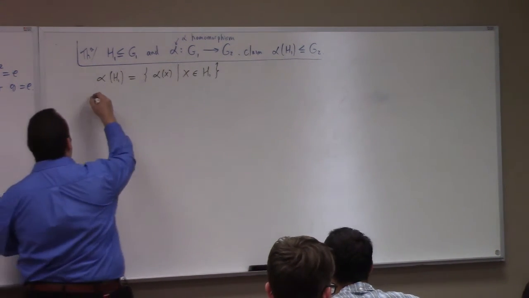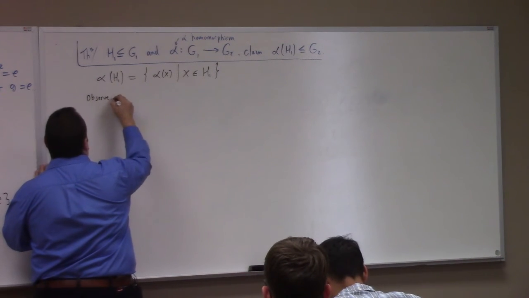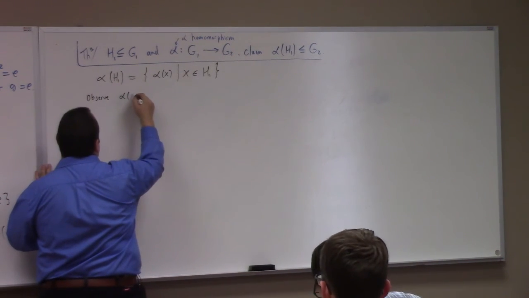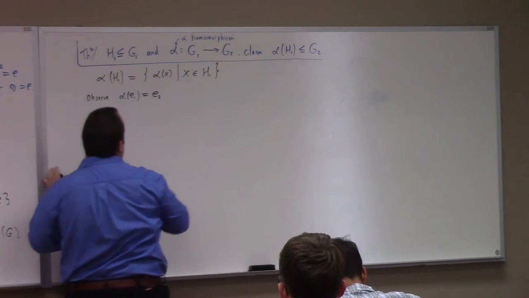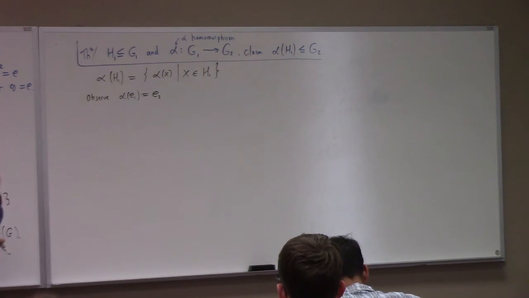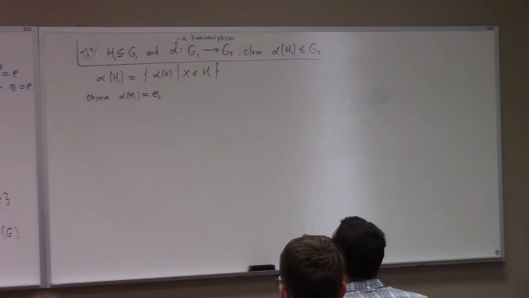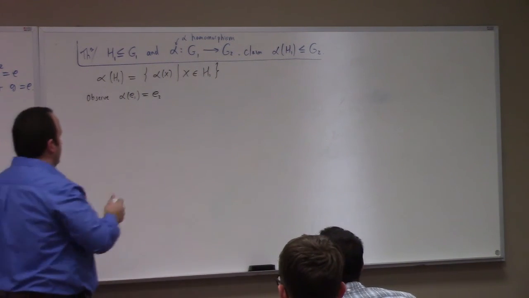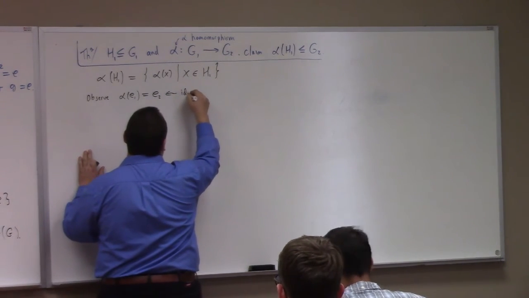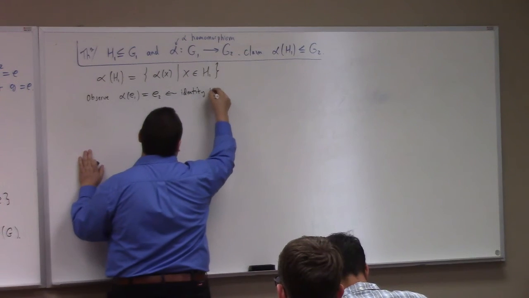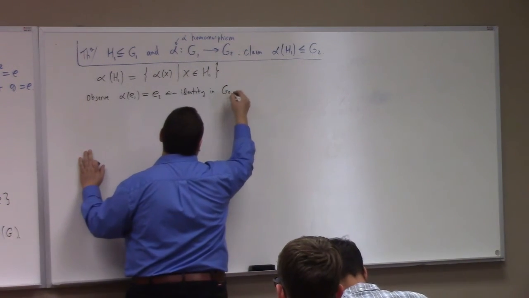So observe that alpha of E1 is equal to E2, where E1 is the identity in G1 and E2 is the identity in G2, just to be specific here. So that's the identity in G2, right?